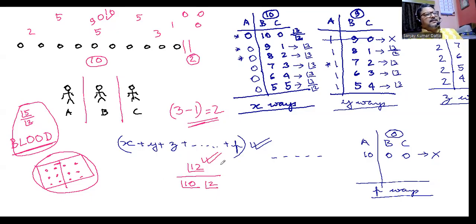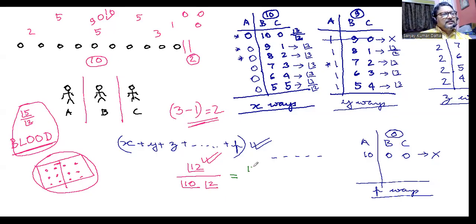But the student said, Arey sir, what does it look like? Show some parity. How do you remember? How do you know? So I will say, what does this look like? What do you think factorial 12 by factorial 10 into factorial 2 is?